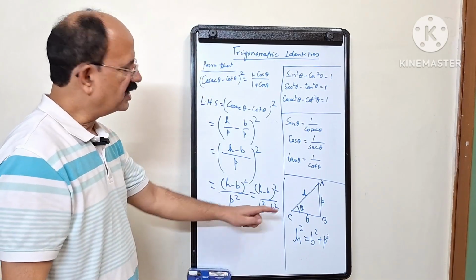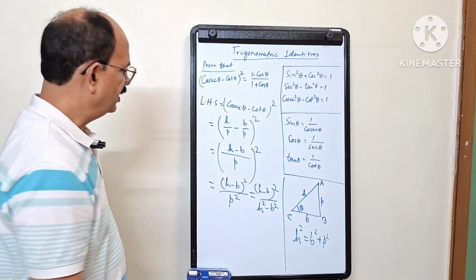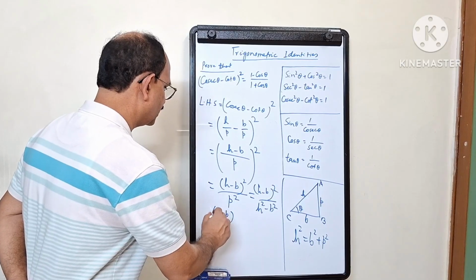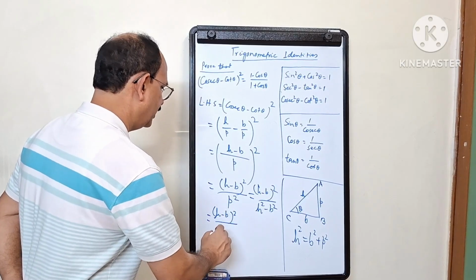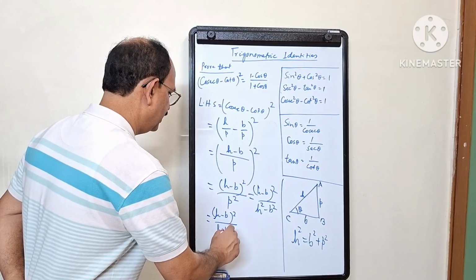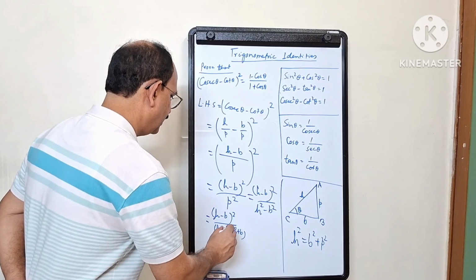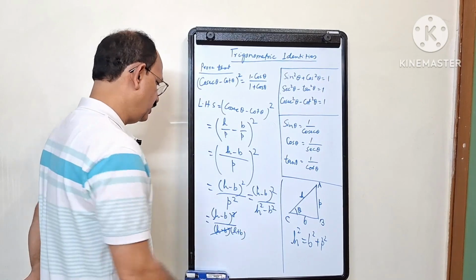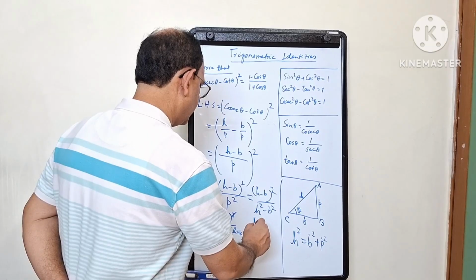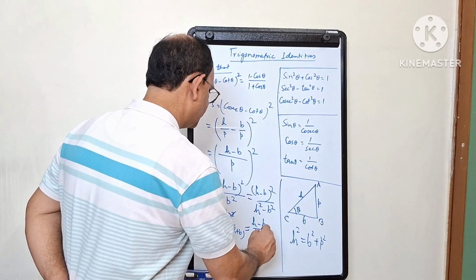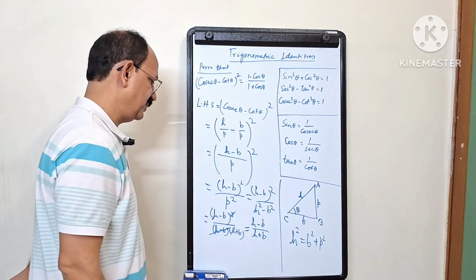Again it is in a square minus b square form. So then I can write h minus b the whole square divided by h minus b into h plus b. And again the square is gone. So I can write this as h minus b upon h plus b.